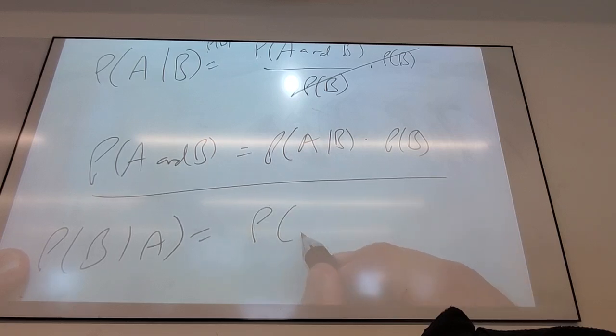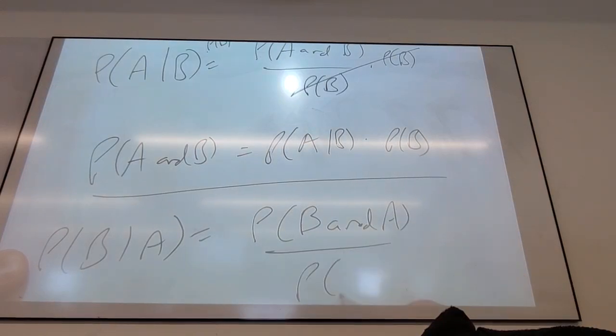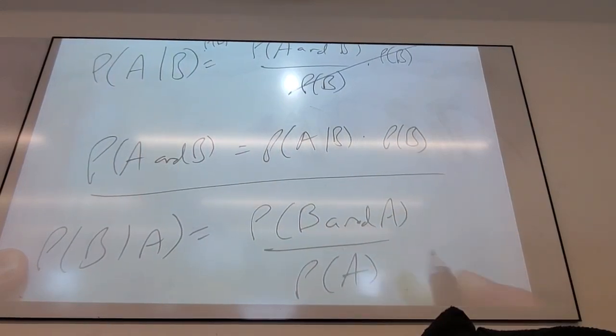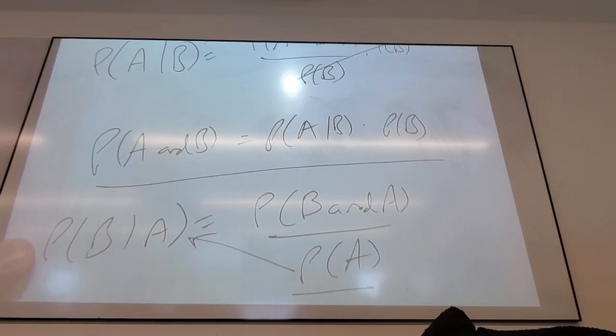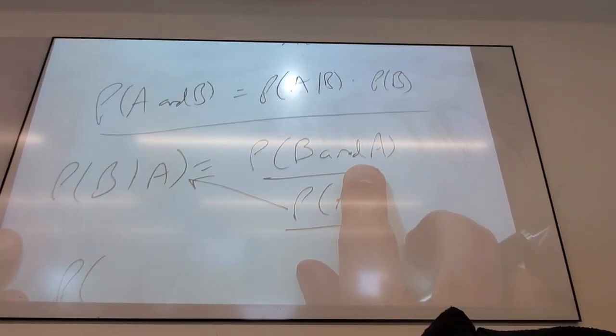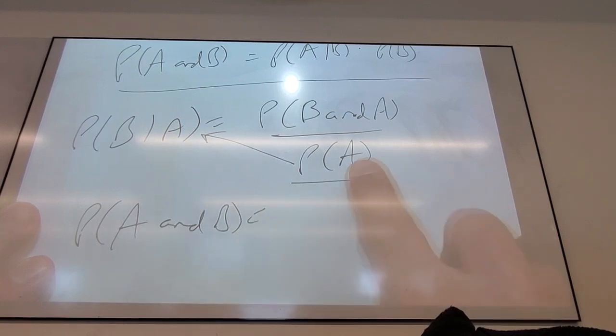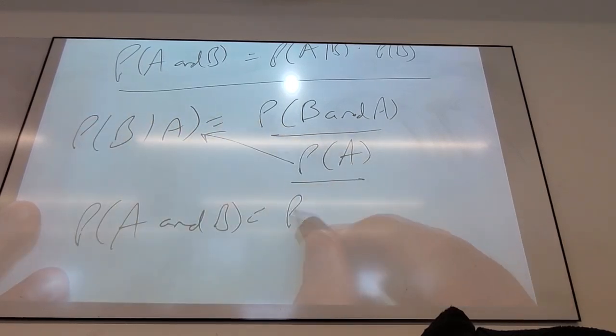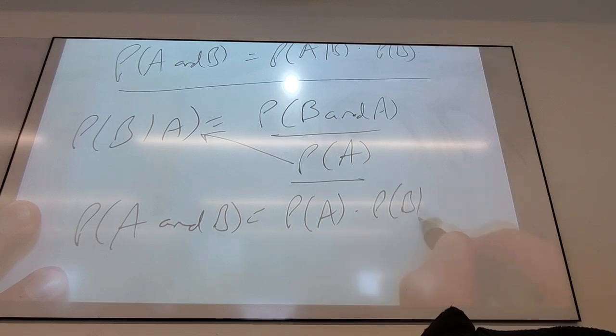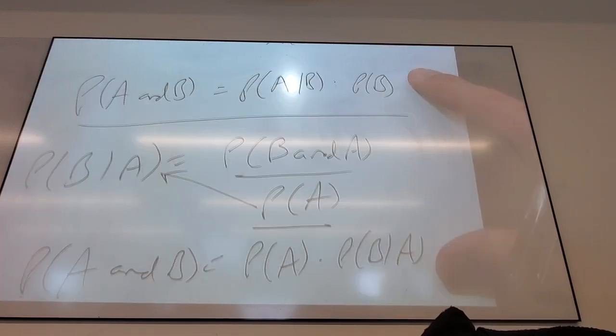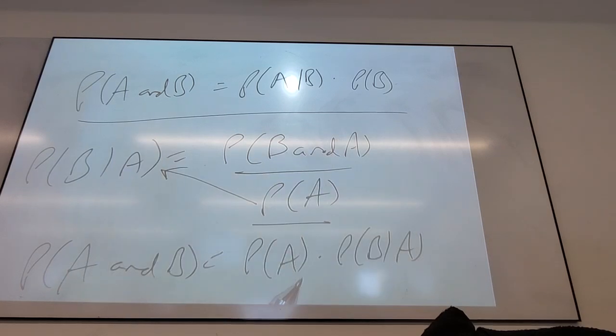It would be probability of B and A over probability of A. And if I multiply both sides by this, isn't B and A the same thing as A and B? If I multiply that up, I will get this formula. Do you see how they look different, but they both equal the same thing?